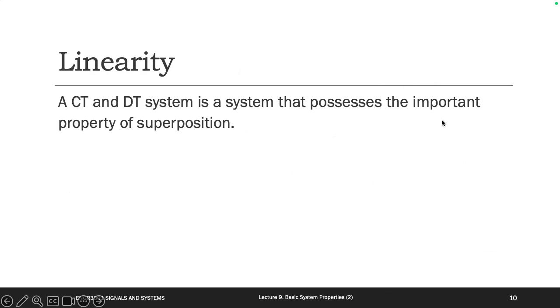A CT and a DT system is linear if it possesses the important property of superposition. Do you know what superposition is? What can you remember?